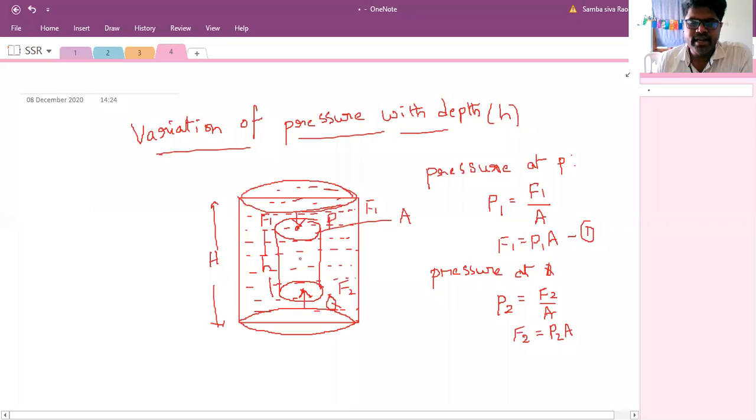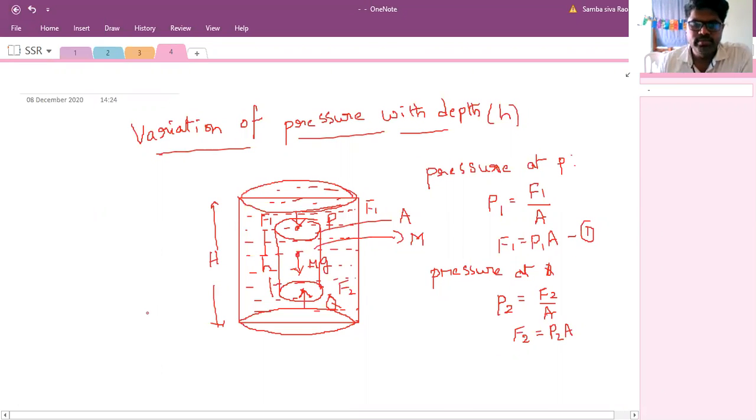There is some weight acting vertically downwards. Let us say the imaginary liquid column has mass m. Then mg is the weight acting vertically downwards. So mg and F1 are acting vertically downward, only F2 acting vertically upward.